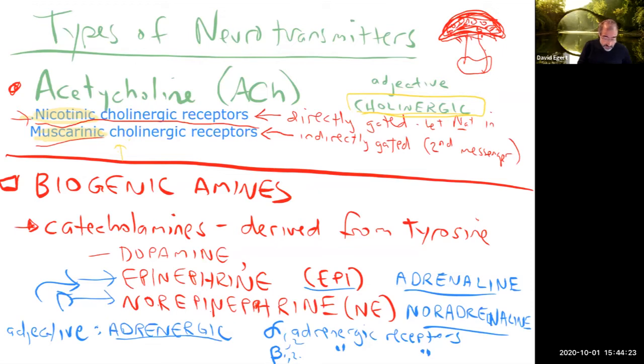If I have a drug that I want to stimulate, like if somebody has an asthma attack, part of the sympathetic response is to dilate your bronchial passages. So you can give somebody an adrenergic agonist if you want to stimulate the sympathetic nervous system, as we're going to talk about.